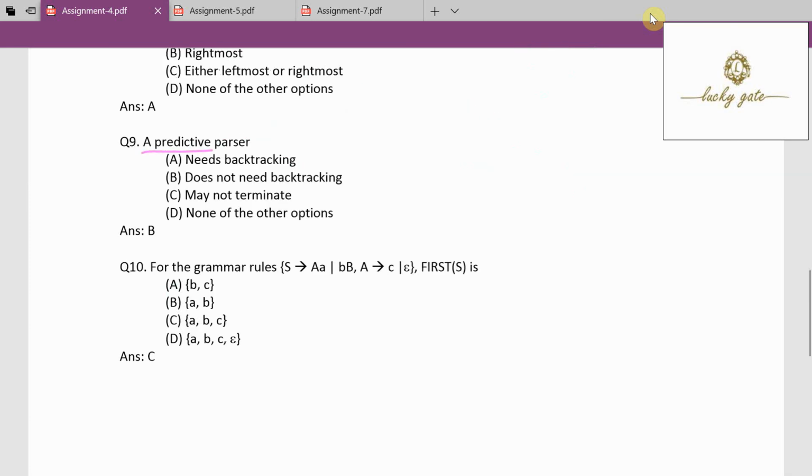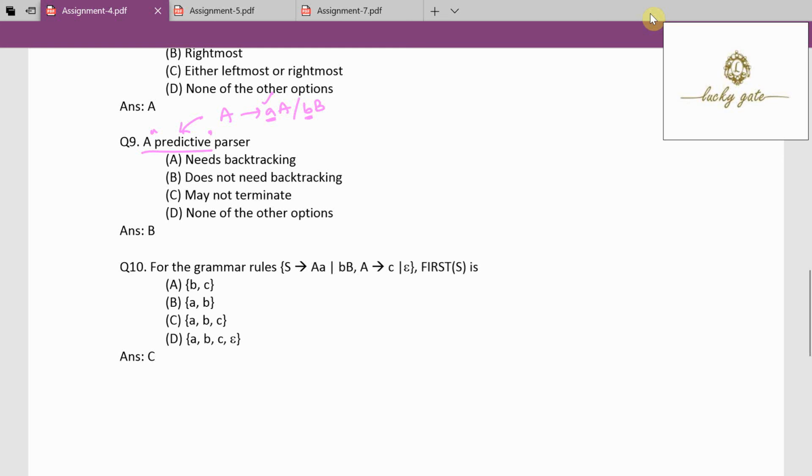A predictive parser. Here the predictive parser, if I look at more than one alternative, among the alternatives, by looking at its first terminals, it is able to make a decision. It is able to predict which production rule is best suitable.